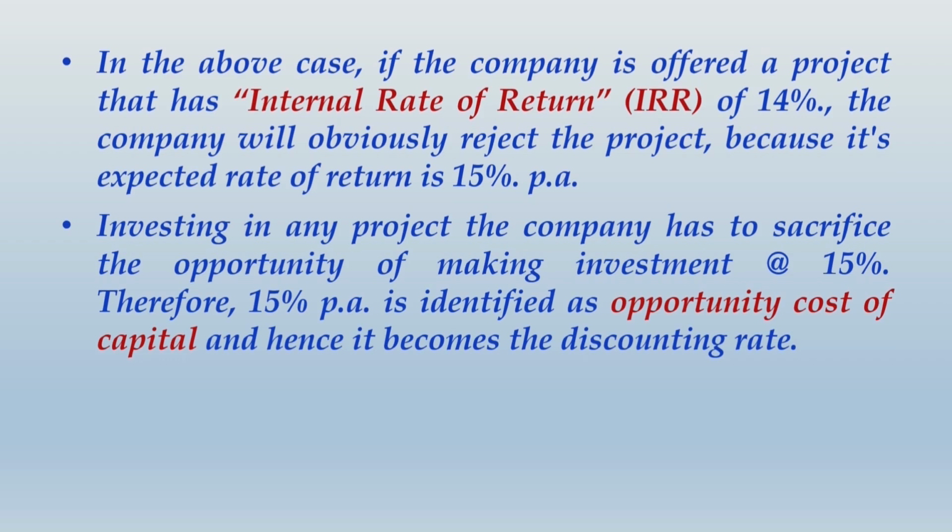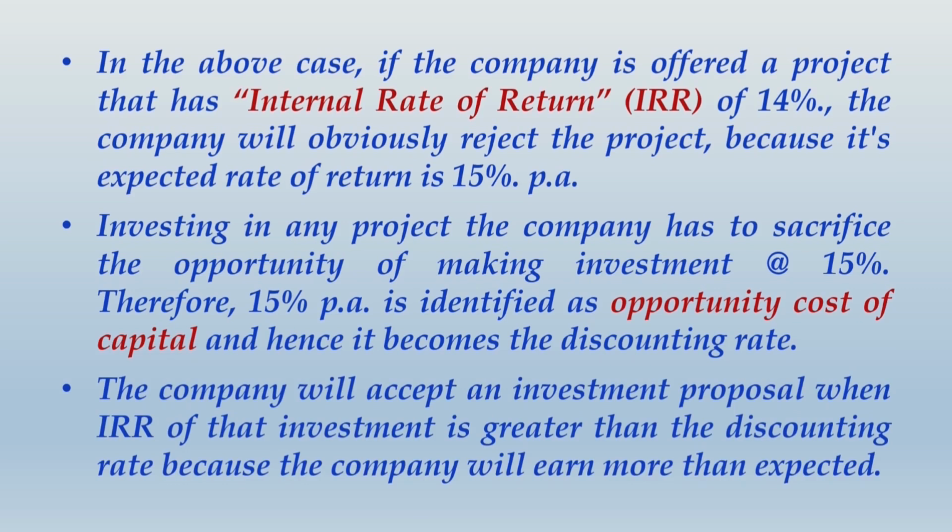Investing in any project, the company has to sacrifice the opportunity of making investment at 15%. Therefore, 15% per annum is identified as opportunity cost of capital and hence it becomes the discounting rate. The company will accept an investment proposal when IRR of that investment is greater than the discounting rate because the company will earn more than expected.